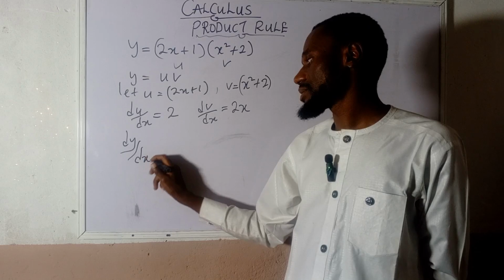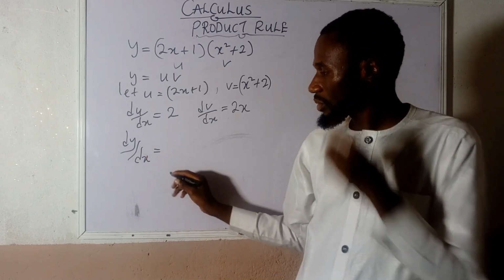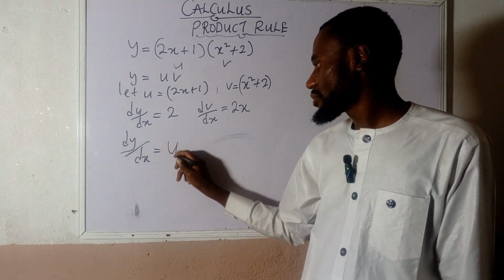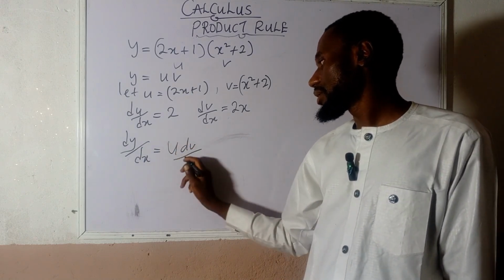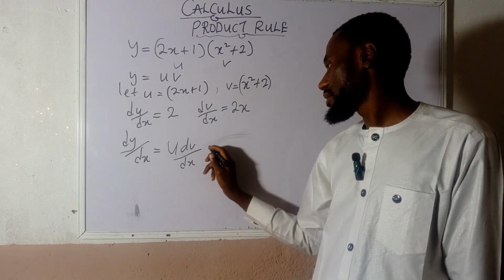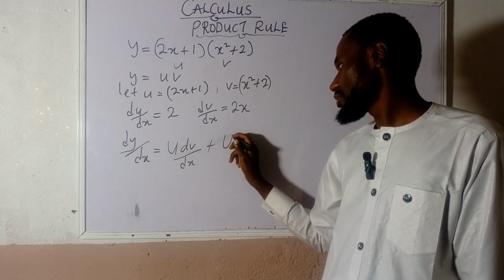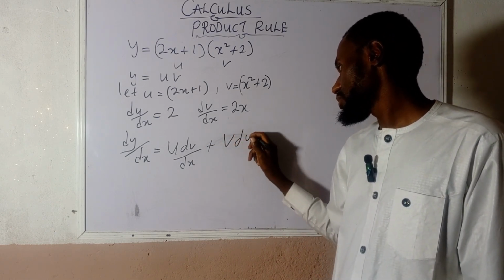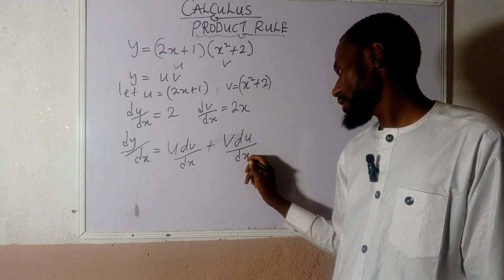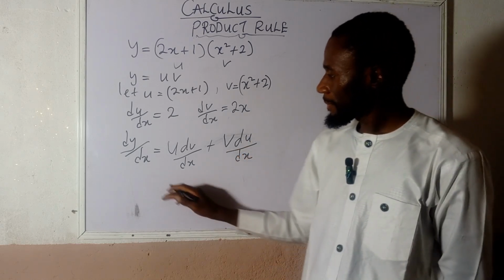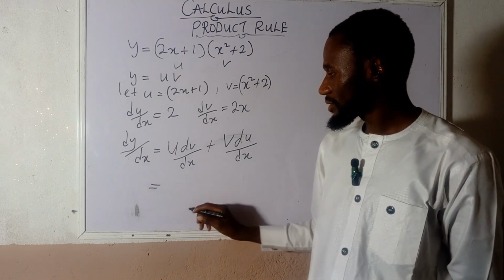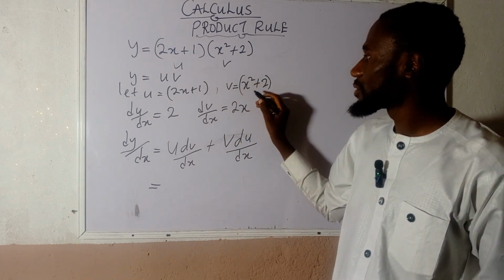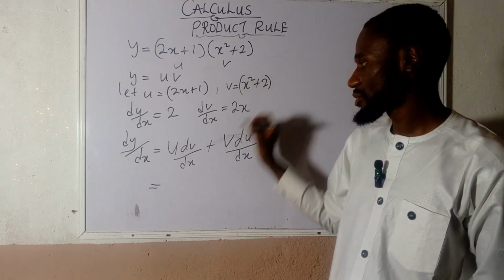over dx equals u dv over dx plus v du over dx. And let's say this equals, where is our u? Our u here is x squared plus 2.